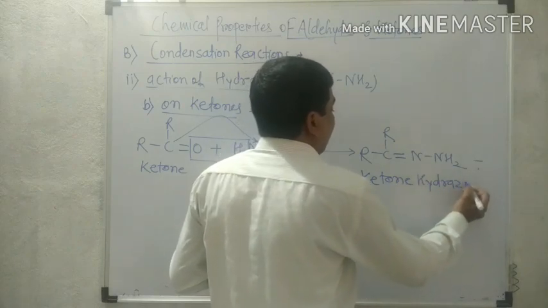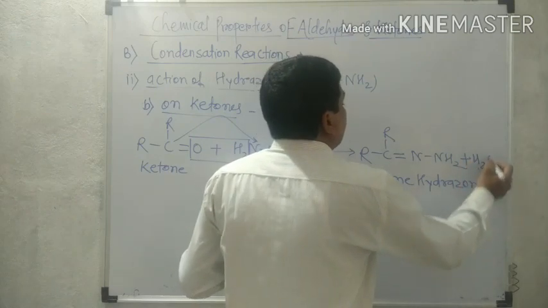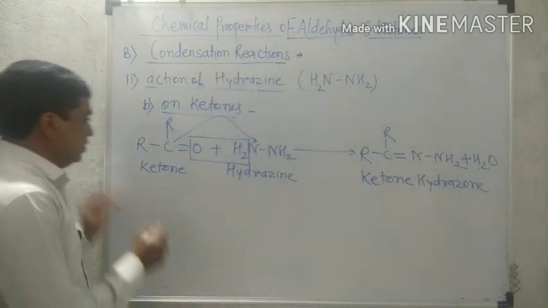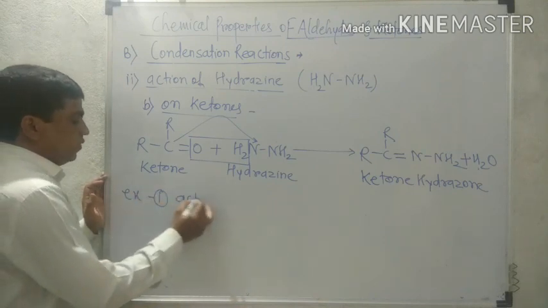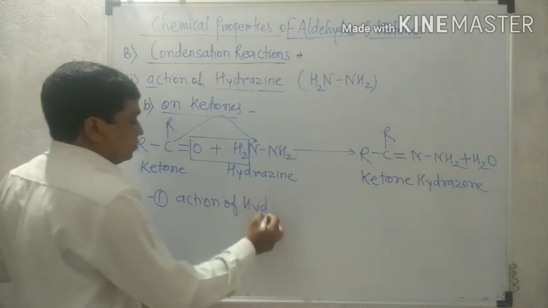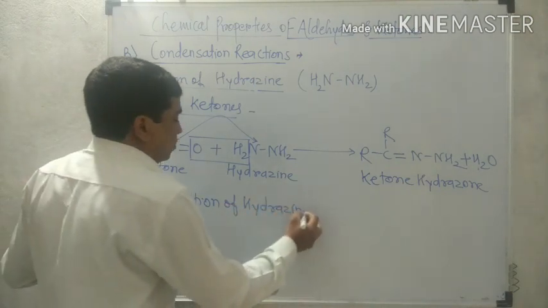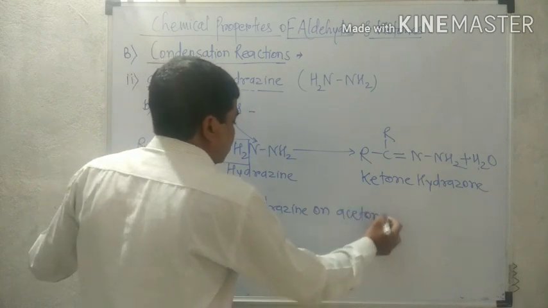When aldehyde reacts, it forms aldehyde hydrazone. When ketone reacts, it forms ketone hydrazone. Similarly, the example is the action of hydrazine on acetone. Which ketone?